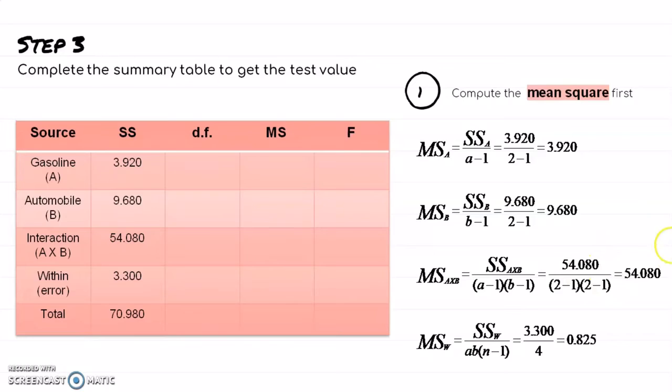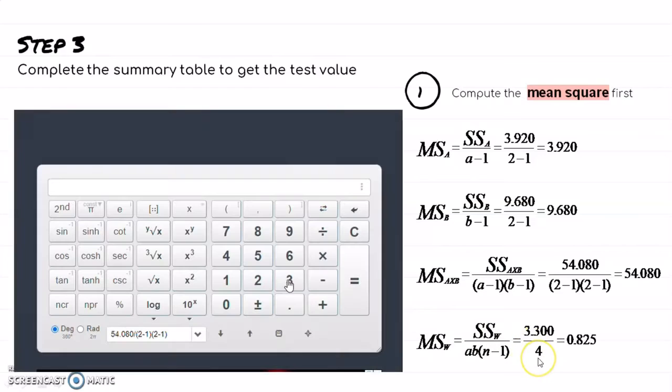Okay, so the answer is 54.080. Okay, untuk mean square W, sum square W divide by AB times N minus 1. So, kita ambil value SSW dekat table, iaitu 3.300 divide by 4.